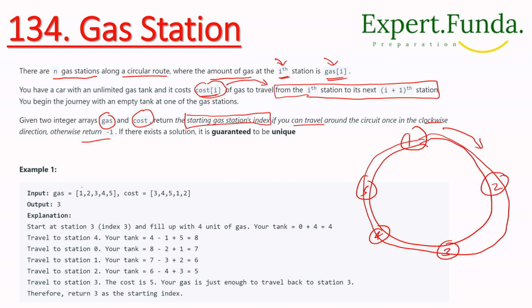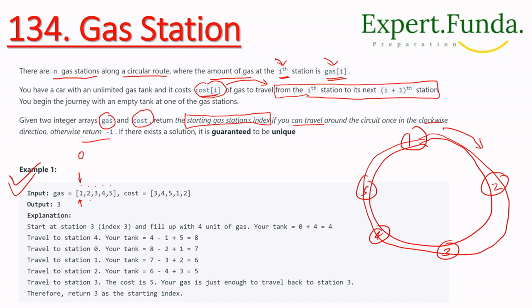Now you can see we have given these lists in example 1. Gas is for the stations. So let's assume these are stations 1, 2, 3, 4, 5 that we have already taken. Now assume the amount of gas at the ith station: at station 1, index 0, it is 1.